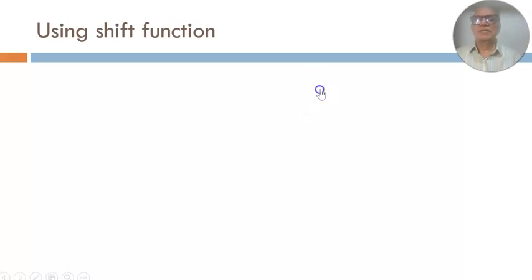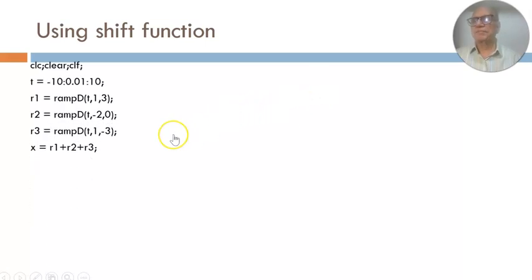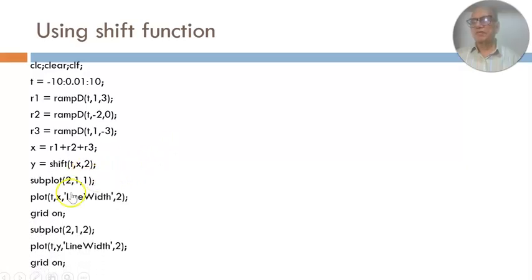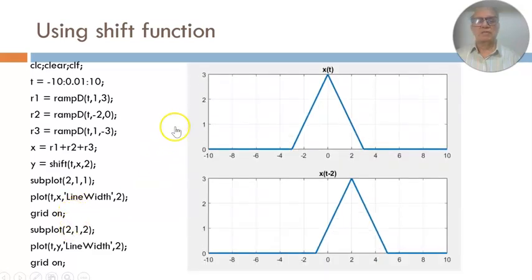Now, using the shift function. Okay. So what we are doing, t equal to minus 10 to plus 10, then R1, R2, R3, x we generate. Okay. Once we have generated x, now we want to use the shift function to shift x and then plot them. So subplot 2, 1, 1, etc. and you can plot it.